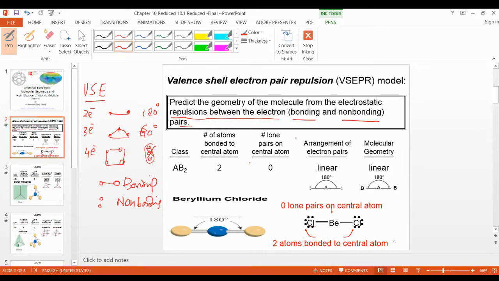All right. So now we have different types of geometry without lone pair and with lone pair. First I will explain without lone pair. Lone pair means this. This is the lone pair on the central atom.